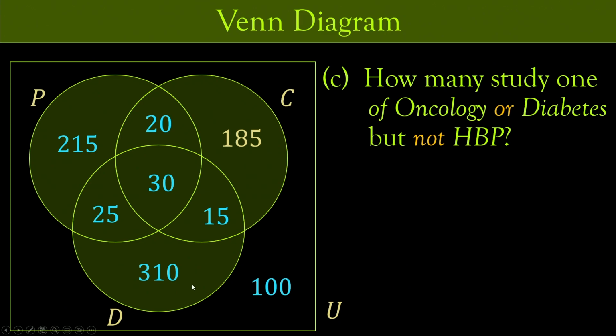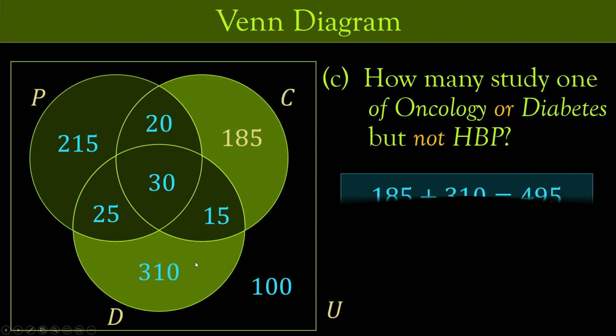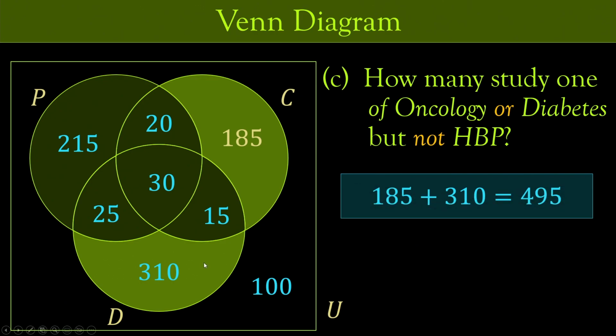So we add them. All right, so the region that I've shaded there is what this sentence is referring to. So they are studying only one area, and either/or means that we add. I hope you remember this, okay, and so 185 plus 310 is going to be 495. So 495 researchers study only one area of research from either oncology or diabetes.